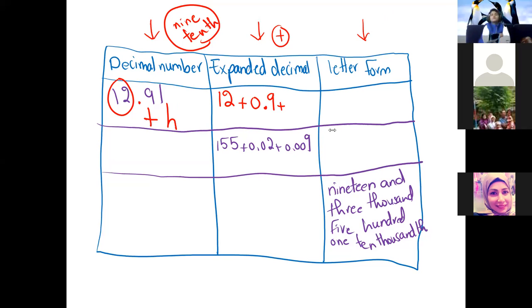So 100th, 1 over 100. Now 100 means 2 digits in the decimal part. One of them is 1 at the end with an empty space, 0. So it's 0.01. Okay? Right.